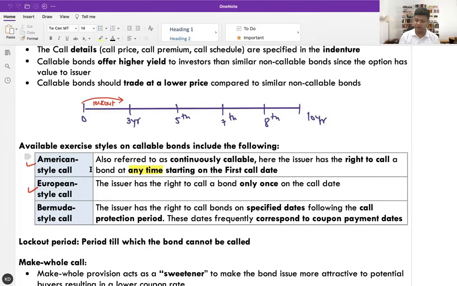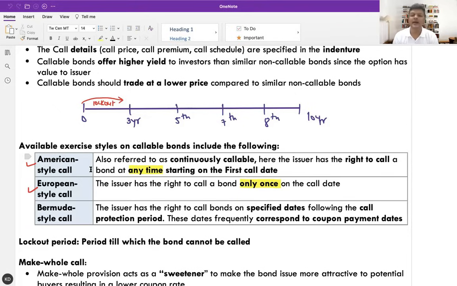So what's the biggest difference between European and American? In European, the issuer has a choice to call back only once after the lockout period. But in American, the issuer can call back the bond at any point after the lockout period. Clear? Which one is better for the issuer here, American or European?